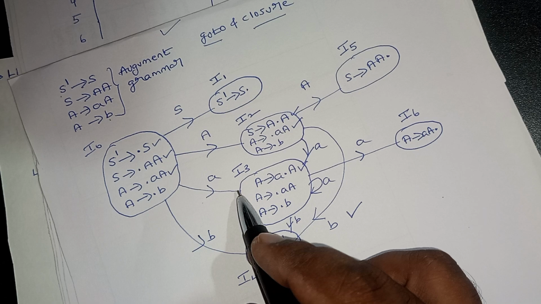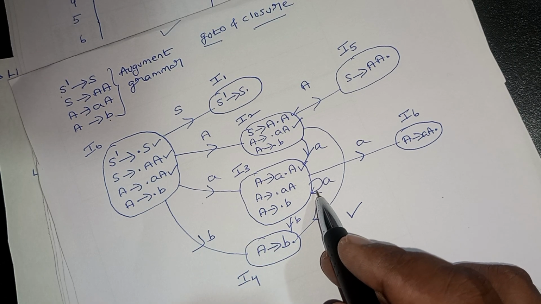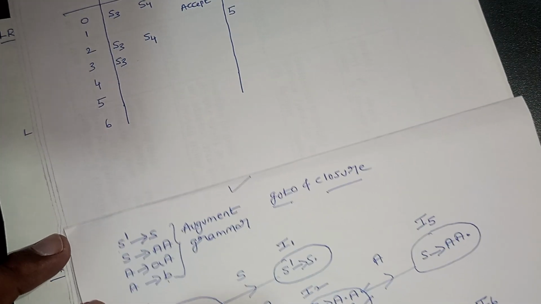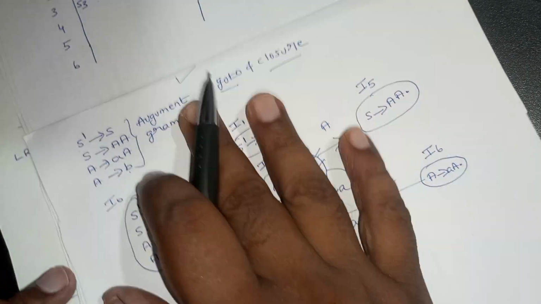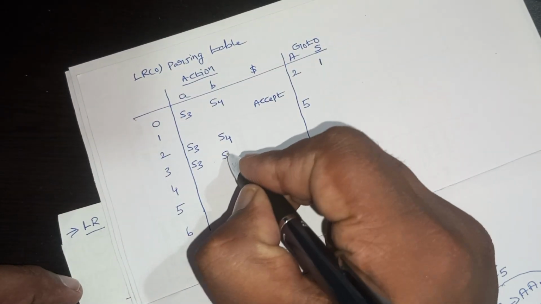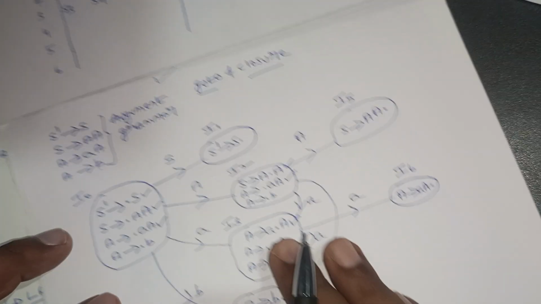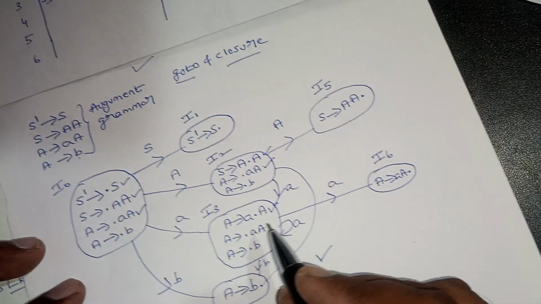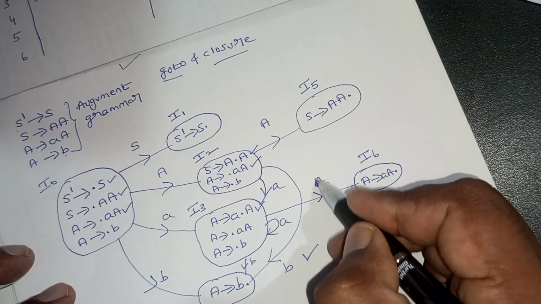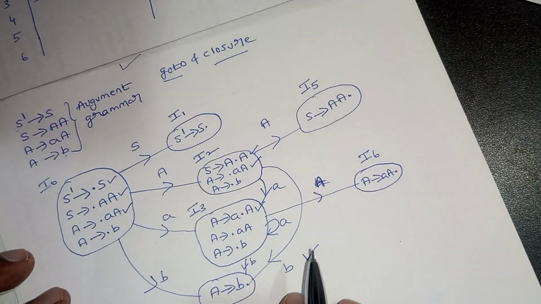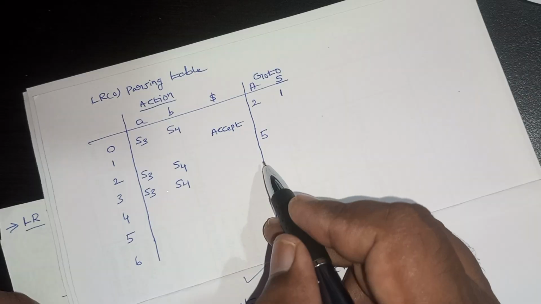I3 on small a, it is S3. Next, I3 on small b, it is S4. I3 on capital A, it is 6.